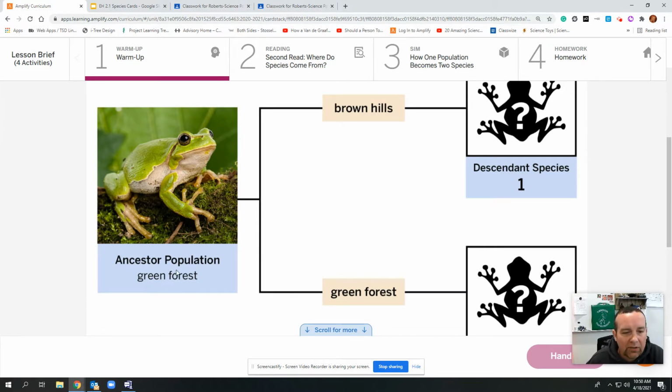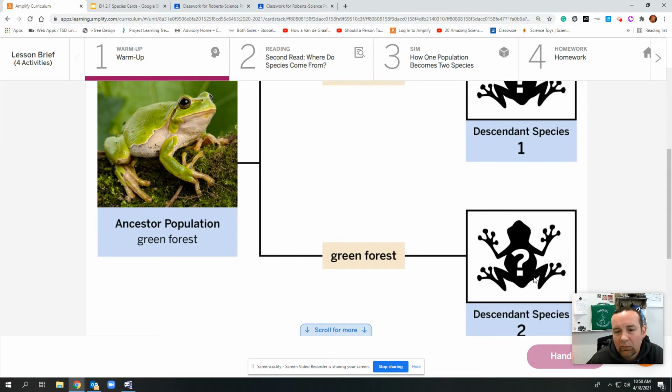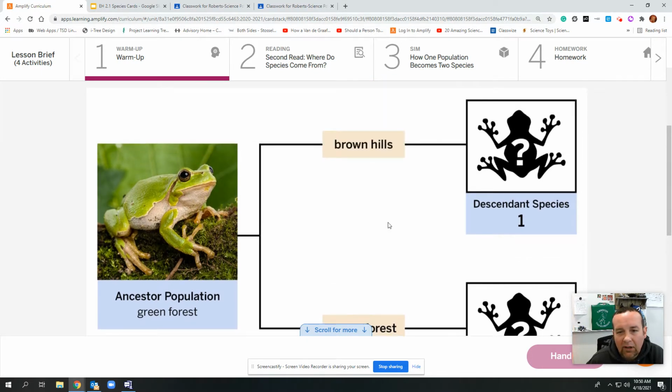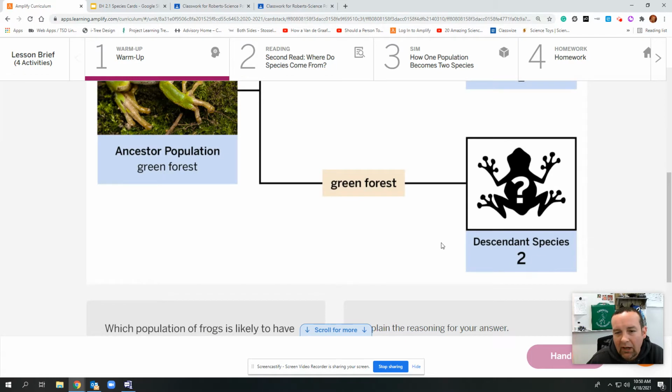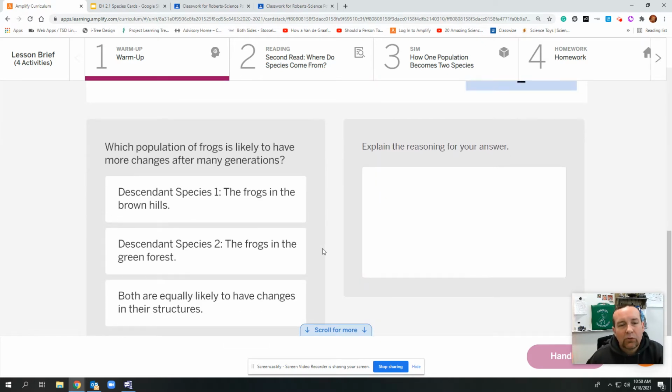We have an ancestor population that lives in a green forest, and we have a descendant species one who lives in Brown Hills, and descendant species two who lives in a green forest. So the question is, which population of frogs is likely to have more changes after many generations?